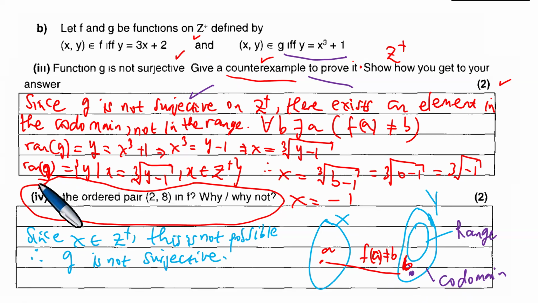Okay, so we define the range of g like this: to contain the y values such that x is the cube root of y minus 1. So now x would be equal to the cube root of b minus 1.